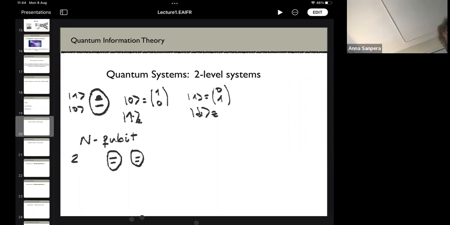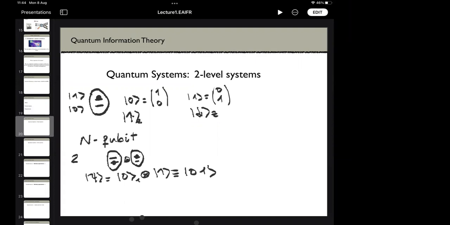Mathematically, the way to write that is with a tensor product, and then I will have a state where my first two-level atom is in the ground state, or my first spin is pointing up in the z direction, and the second is pointing up, for instance. And normally we write it like that, we drop the tensor product and put 0, 1.